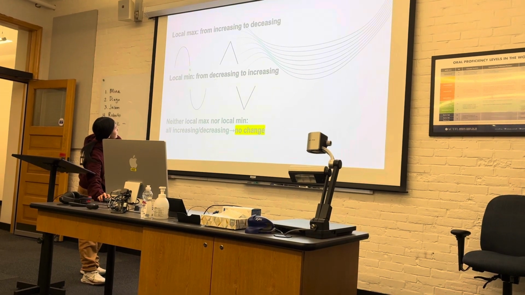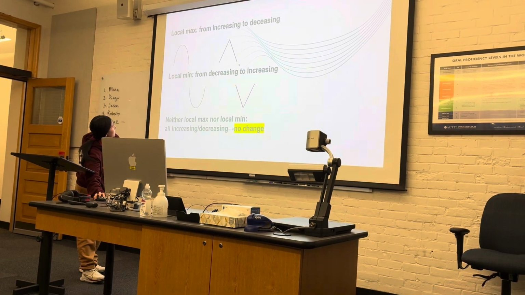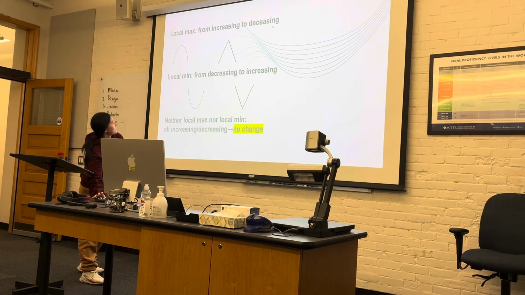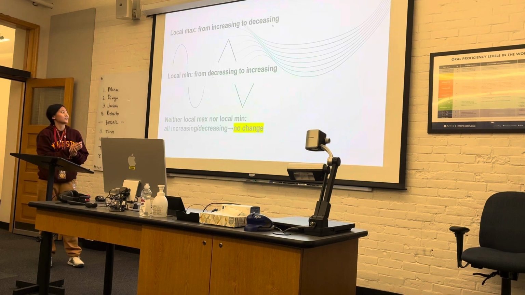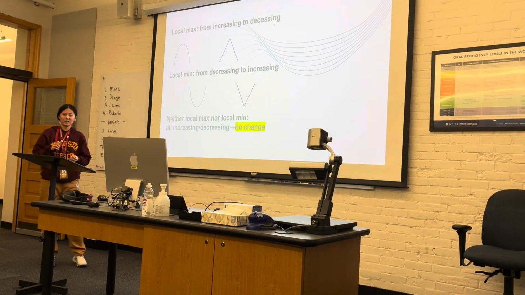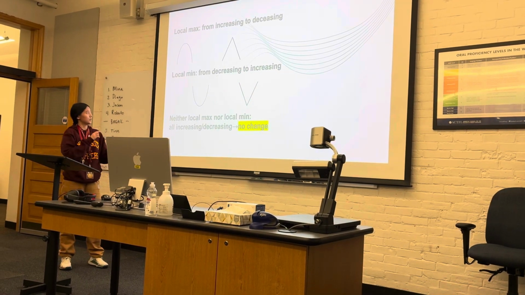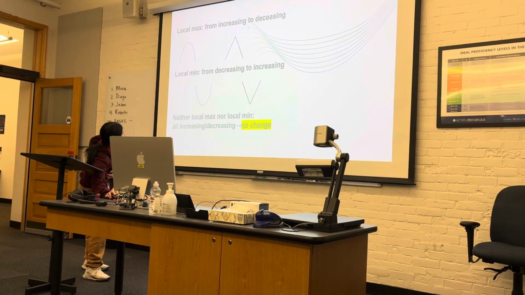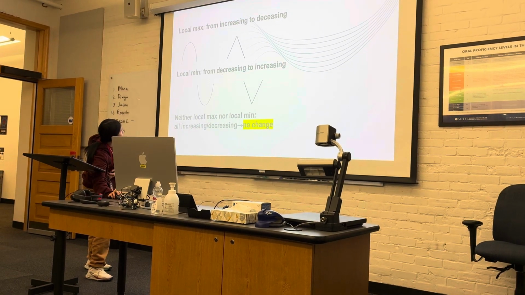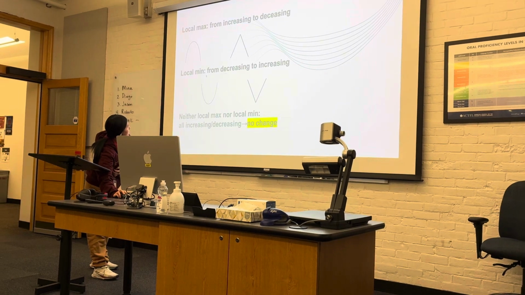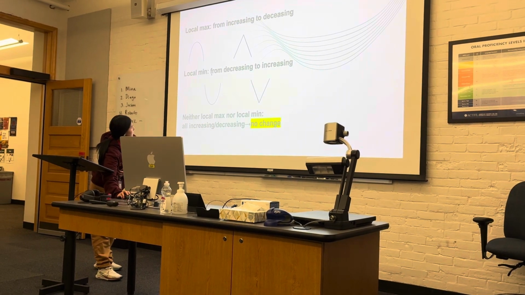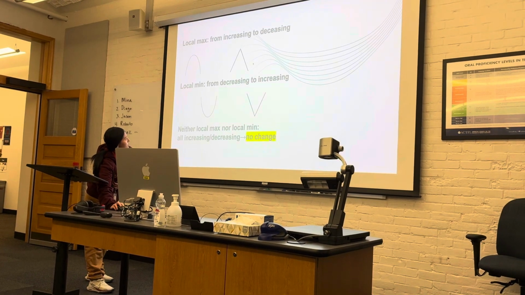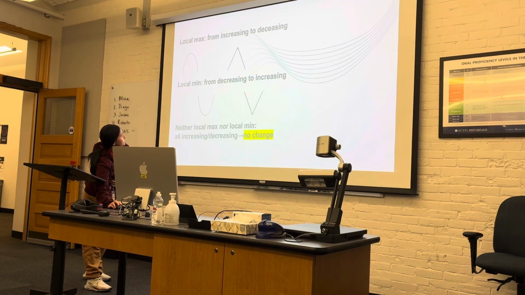So it goes from increasing to decreasing. I know the pronunciation, but I just want to stress increasing or decreasing. So this goes up and this goes down. Local min is the same thing, but from decreasing to increasing. And the critical number is in there.